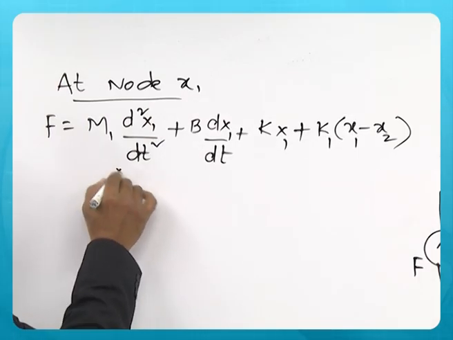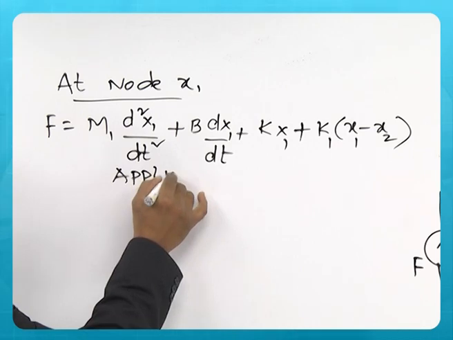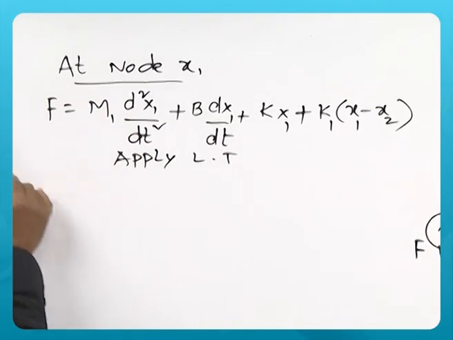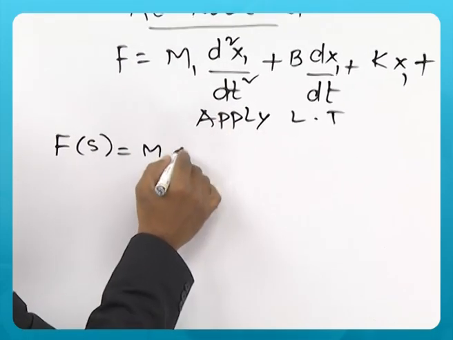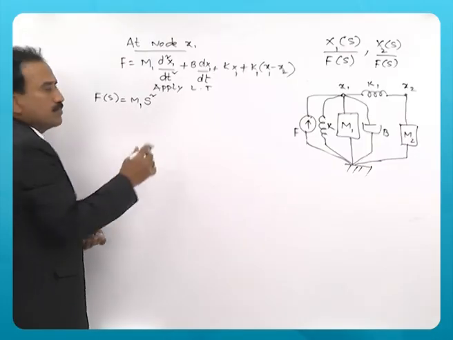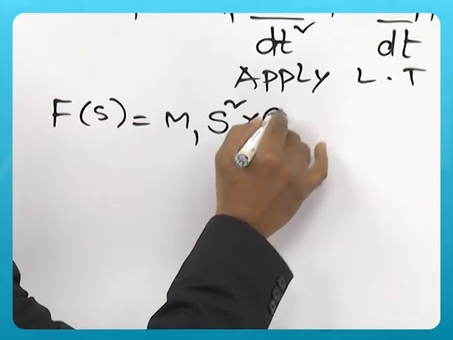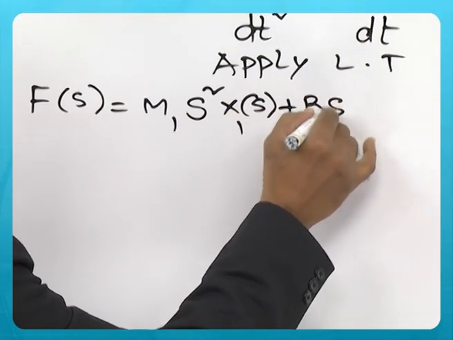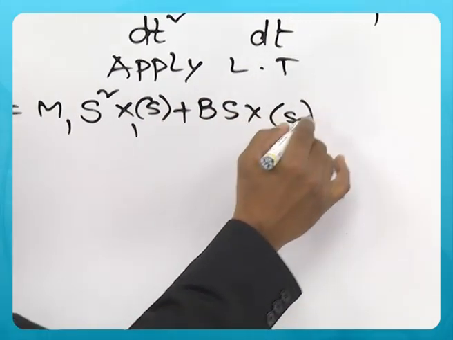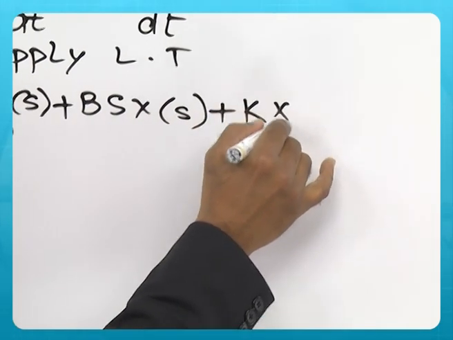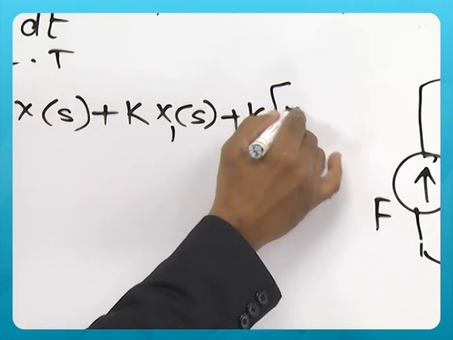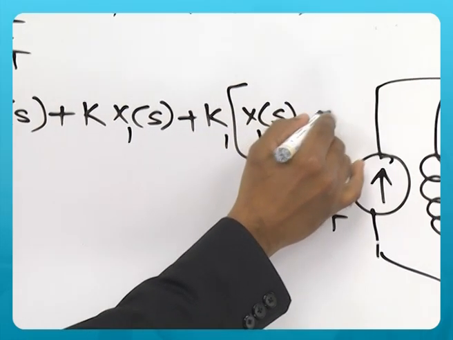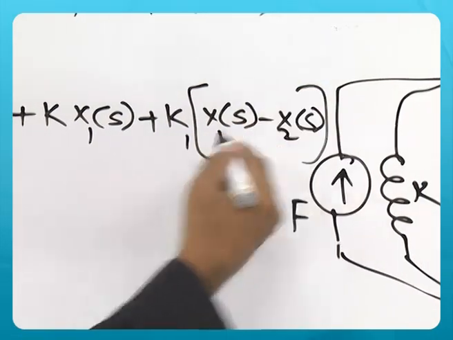Applying Laplace transform, you get F(s) equals m1 s square X1(s) plus B s X1(s) plus K X1(s) plus K1 times X1(s) minus X2(s).